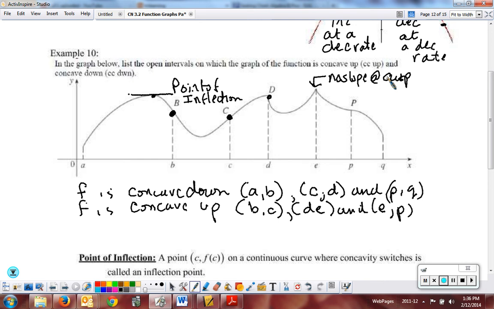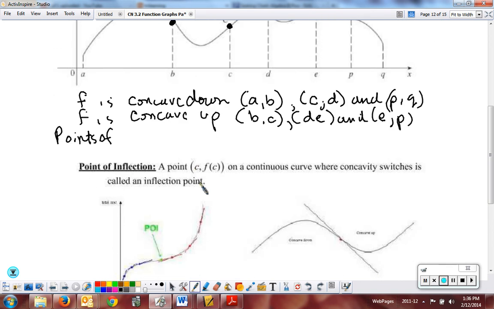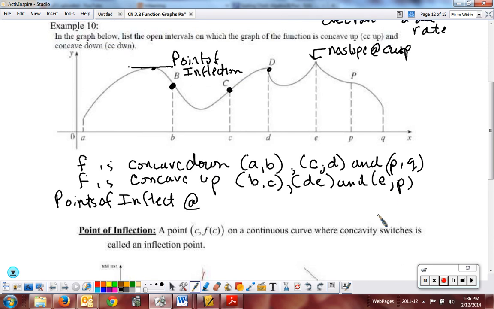Now let's talk about points of inflection. I have the definition right here. Points of inflection are a point where your concavity switches. So the points of inflection for this example are at what x values? Where do I switch?